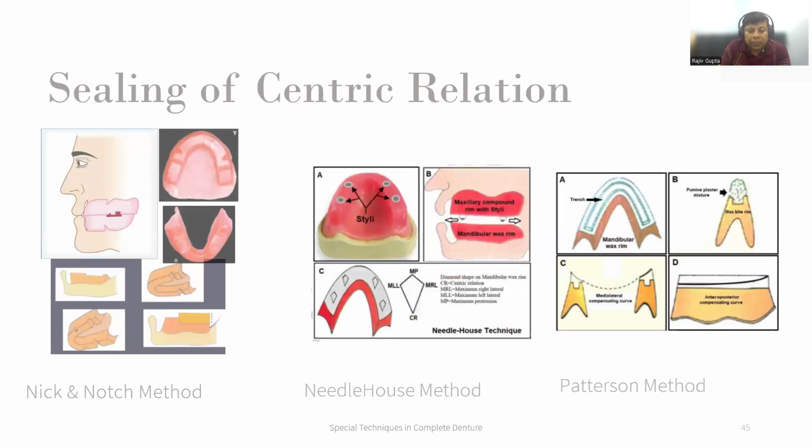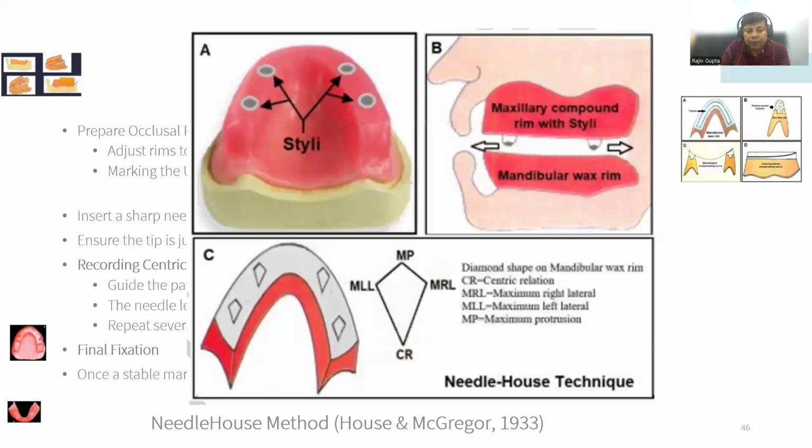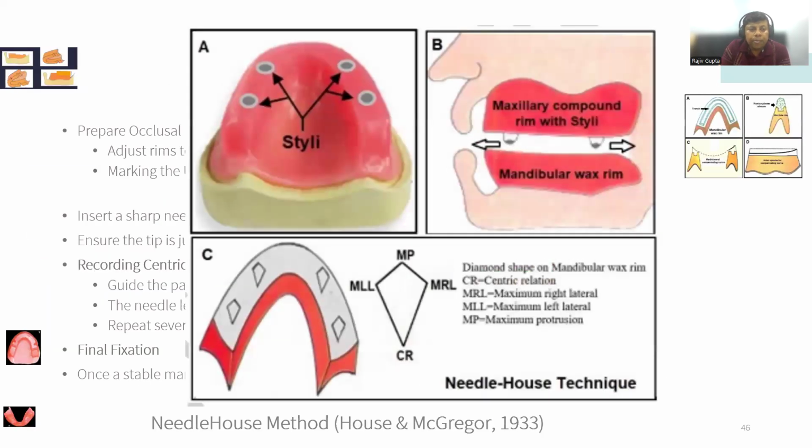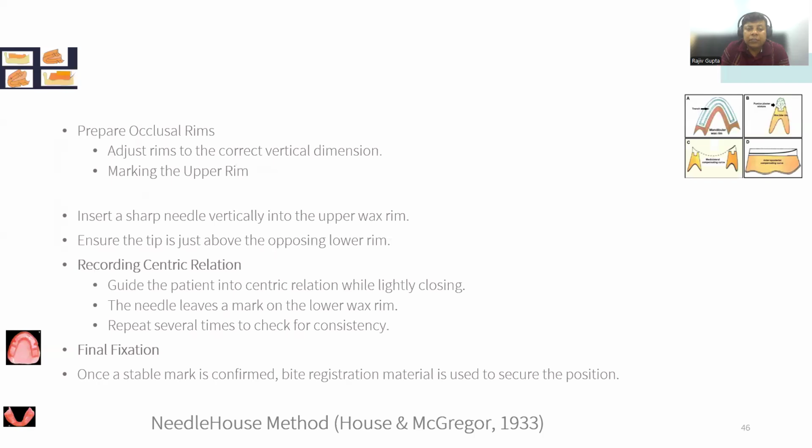Coming to another method, that is the Needle House method. In that, we prepare the occlusion in such a way that we have adjusted the right vertical dimension, and in the upper or maxillary rim, we insert sharp needles, which will be exactly at the upper border of the opposing mandibular rim. Once the patient is at the right vertical dimension, we guide the patient into centric relation and close lightly.